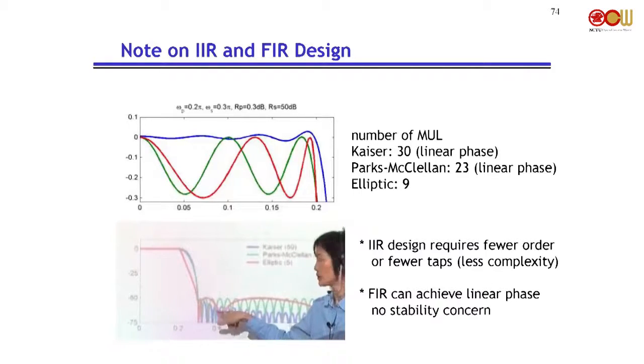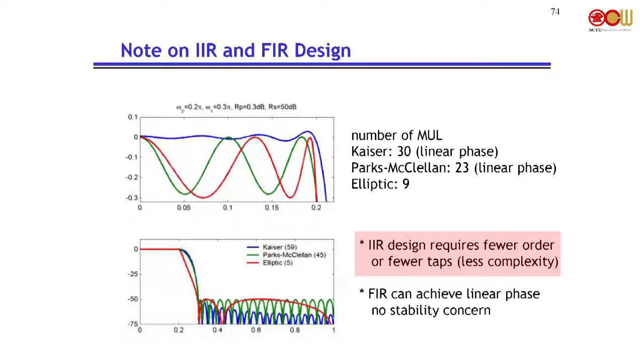Because it's a 5th order, it has only 5 zeros, and there's 1 zero at pi, 1 zero and another here, and the same on the other side. So the total number of zeros is 5.